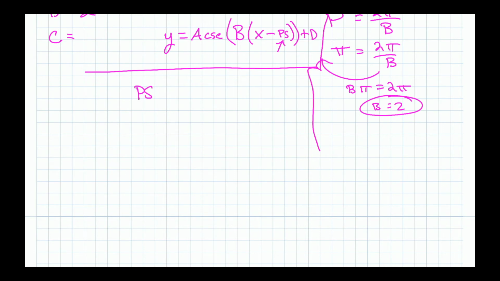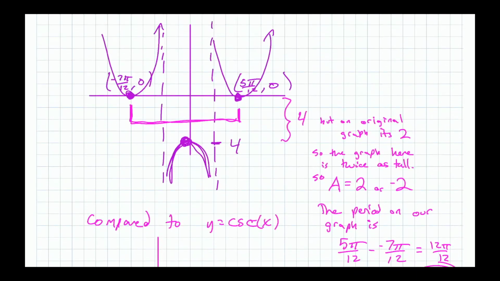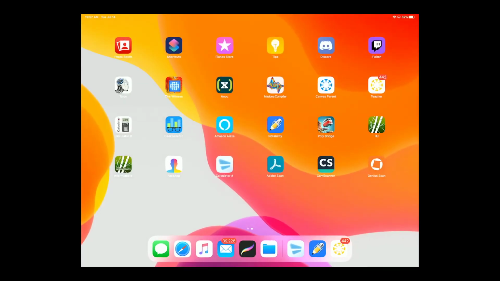How are we going to figure out the phase shift? Well, the way you want to figure out the phase shift is from where it was at 0, basically, or just how far it's been moved left or right in general. So yeah, that's gonna be the tricky part, I think. So let's look at it here.